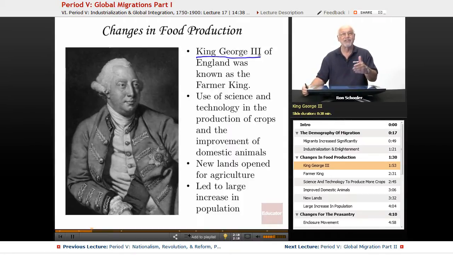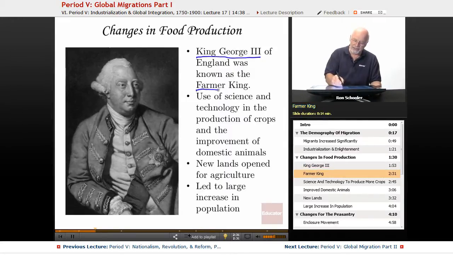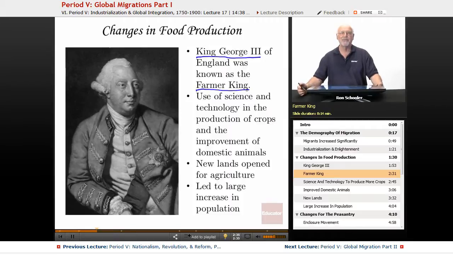The Madness of King George, if you ever want to see a movie about it, is quite interesting. But in any case, before that, he was quite an efficient king and accomplished quite a bit. And one of the things he was known as was the farmer king. Now, some people thought that was humorous, calling him a farmer. But he thought it was terrific because he wanted to see ways in which production could be upped.